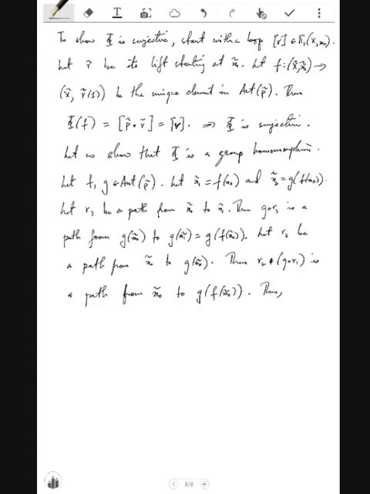Thus, phi of g composed with f is, by definition, p tilde composed with gamma 2 star g composed with gamma 1, which is equal to p tilde composed with gamma 2 star p tilde composed with gamma 1.